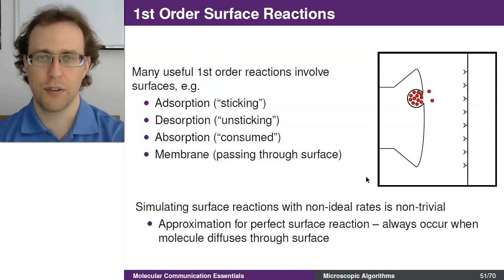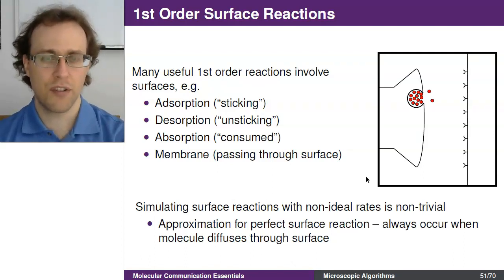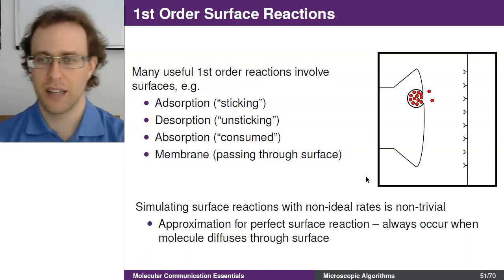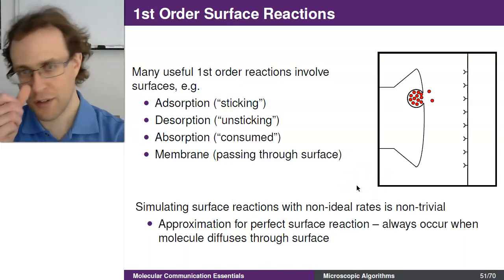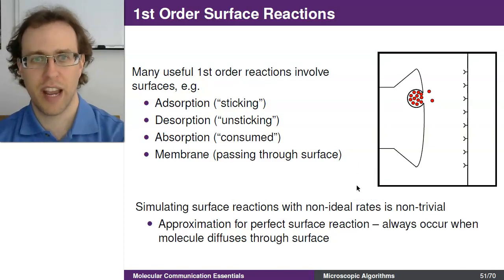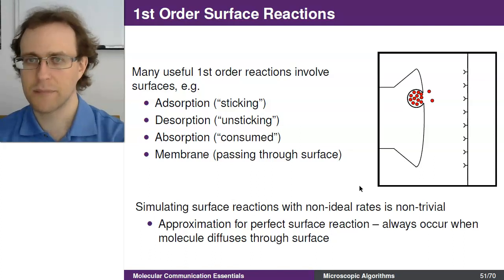So if you're checking the validity of your diffusion trajectory, as I mentioned before, and you find that your trajectory passed through an absorbing surface, you can just go ahead and absorb the molecule. That is an approximation, and the treatment needs to be a little more sophisticated to be very accurate, but for a first pass approach, that's sufficient to get you started if you're interested in simulating absorbing surfaces.